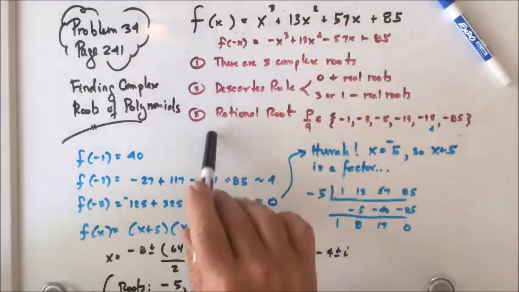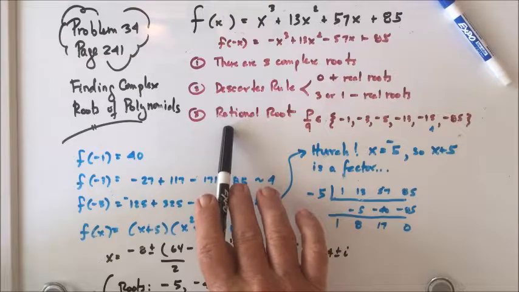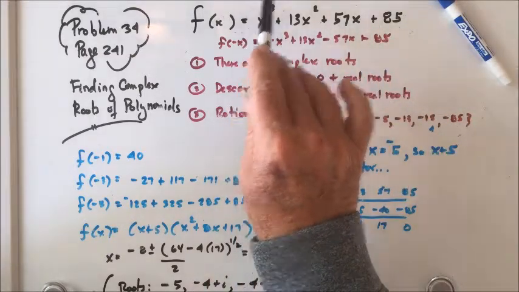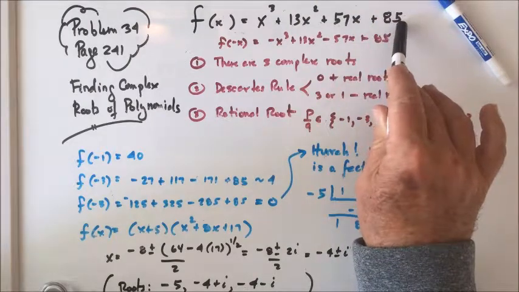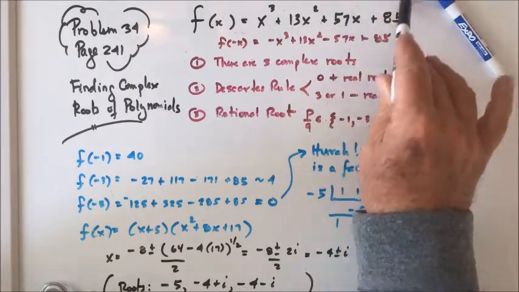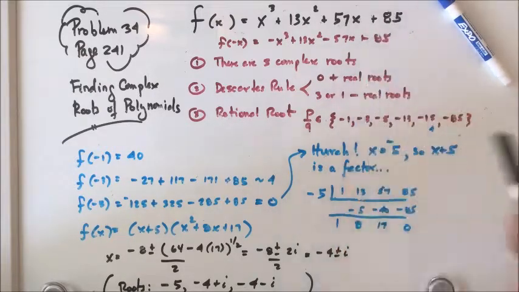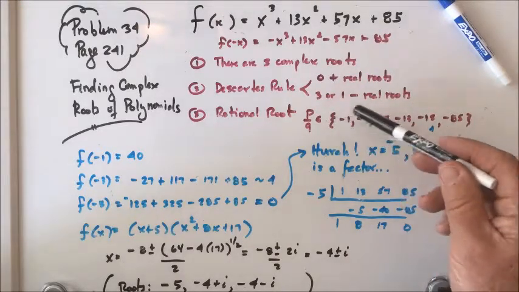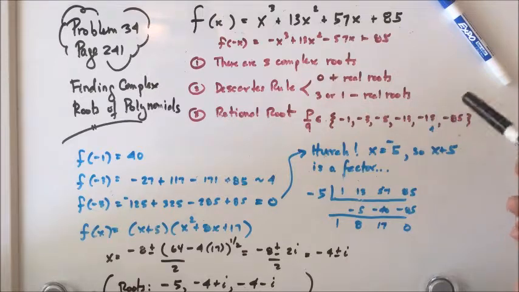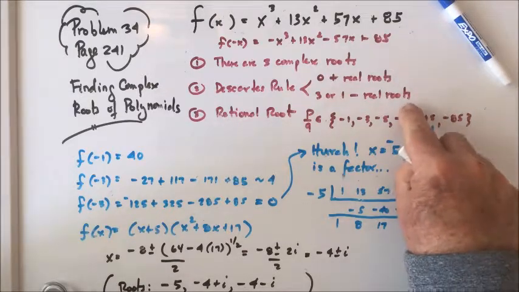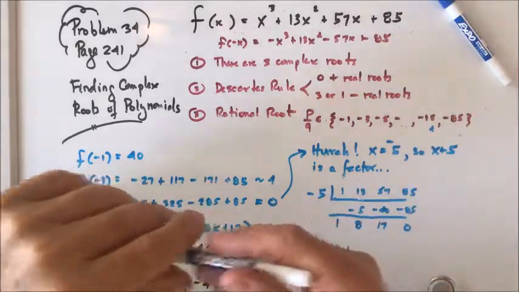As we go down the list and look at the rational root theorem, we see that the leading coefficient is 1, meaning the candidates for the rational roots are going to be the negative factors of 85, which I believe are -1, -3, -5, -13... well, it's not -13, it's -17.